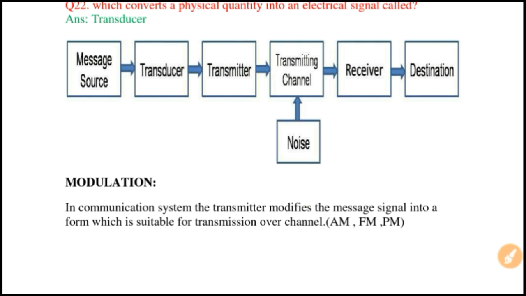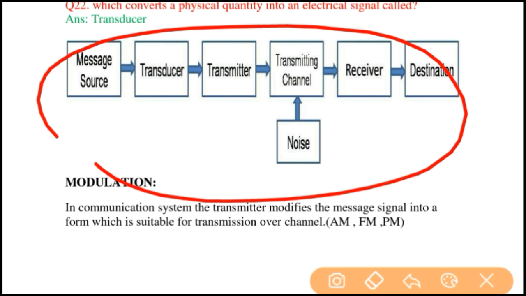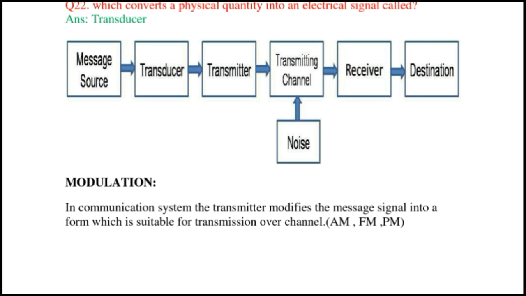Now, let me explain the communication process. As we use telephone communication and normally talk to each other, that is also communication. Let us discuss it with a simple block diagram. For communication, we have two things: one is the message source and the other is the destination.